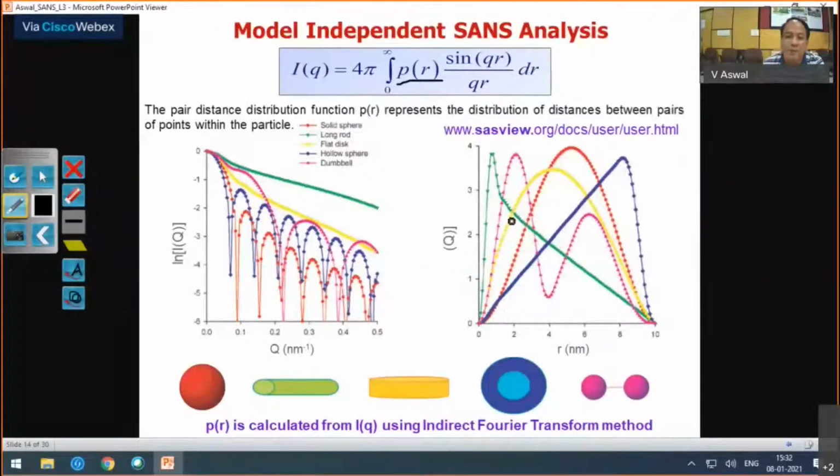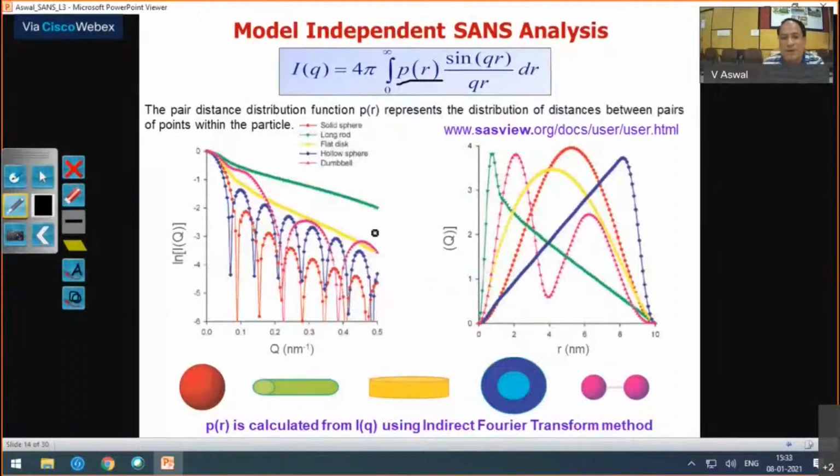The extent of P of R gives you the maximum dimension of the size. In the case of a sphere, R maximum will be the diameter of the particle. In this case, it will be the length of the particle. In this case, it will be the overall size of the full cell. And in this case, it will be the overall size from this end to this end.